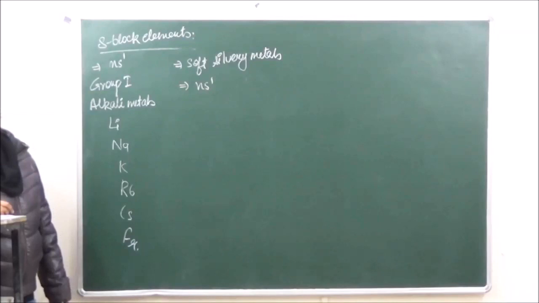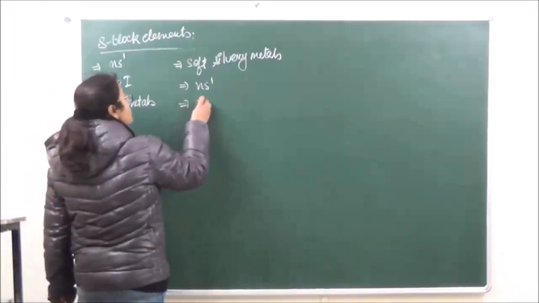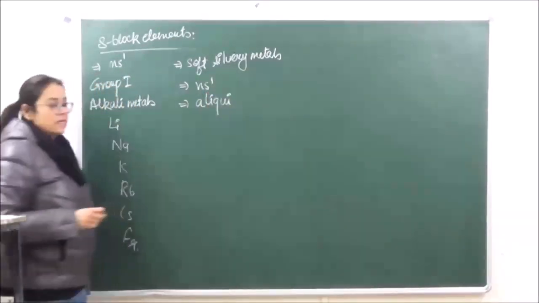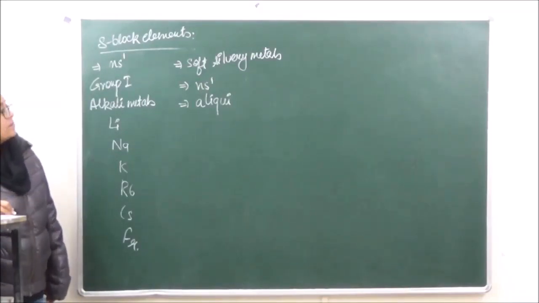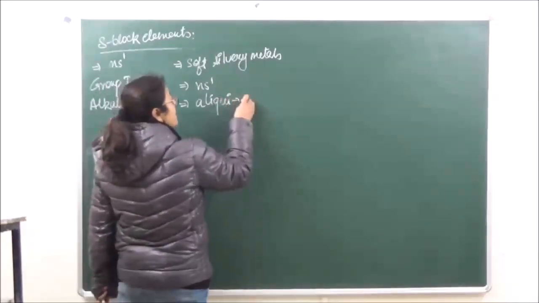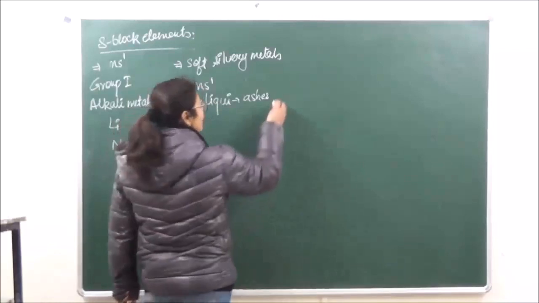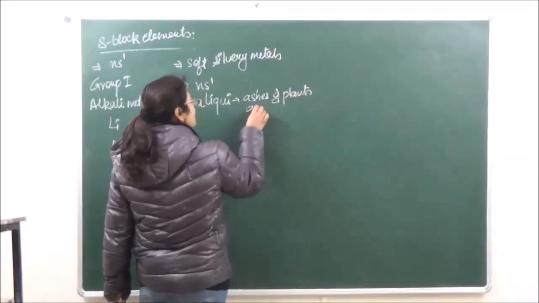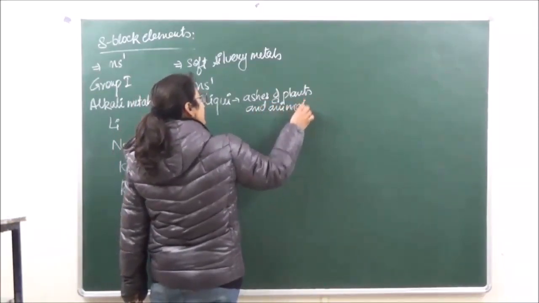Now the word alkali has been derived from an Arabic word, eliqui. Eliqui means ashes of plants and animals. So basically this is an Arabic word which means ashes of plants and animals.